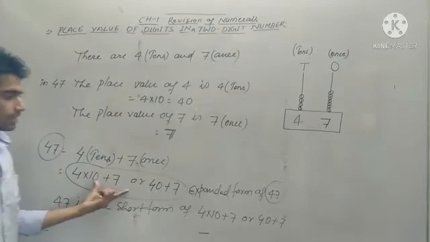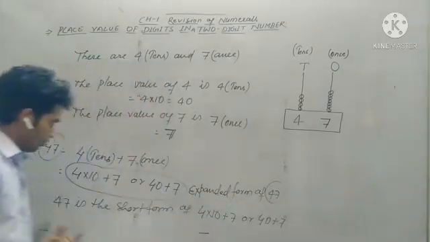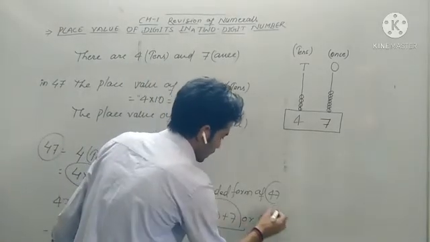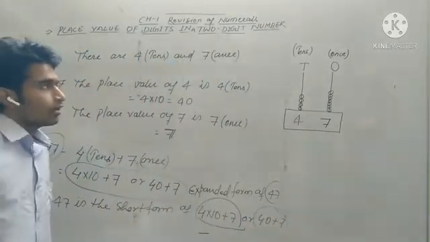So this is the expanded form of 47, and 47 is the short form of this and this. Is it clear?